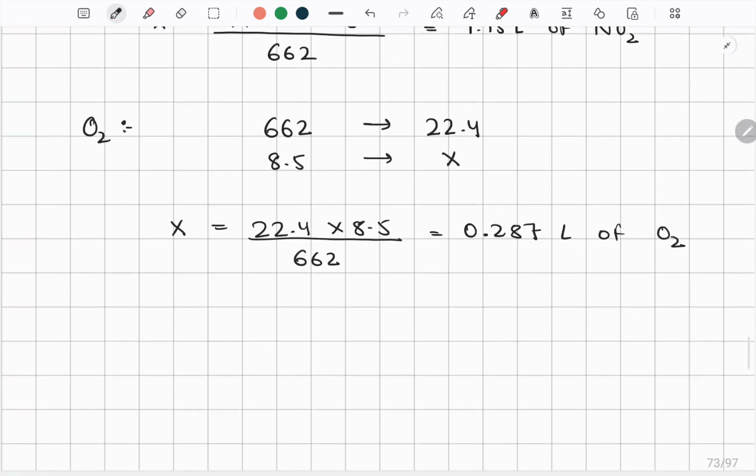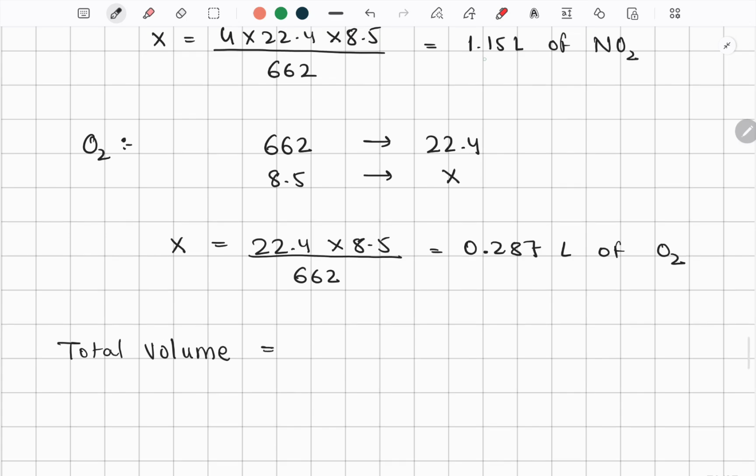So we can write down over here that total volume obtained by heating the 8.5 gram of lead nitrate is 1.15 liter of nitrogen dioxide plus 0.287 liter of oxygen, which comes out to be 1.437 liter. So hence total volume of nitrogen dioxide and oxygen produced on heating 8.5 gram of lead nitrate is 1.437 liter.